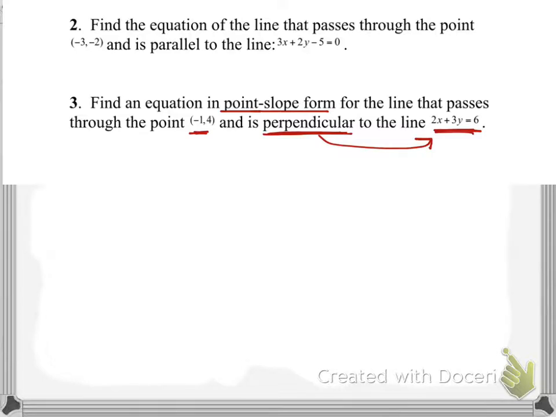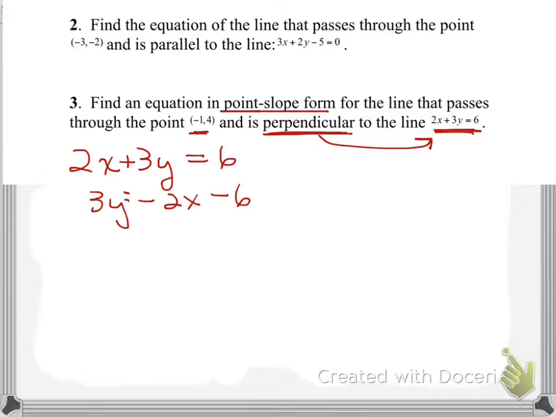So let's rearrange. We start out with what they gave us. Move your x. Your 6 is already over there. Okay, divide by 3 and write it nicer. y equals negative 2/3 x minus 6 over 3, which is just 2.